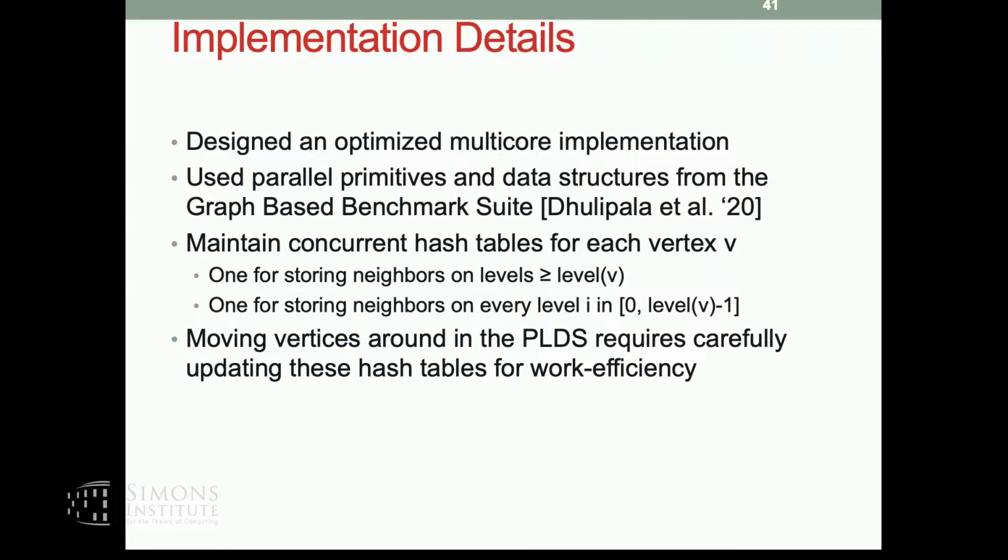Okay, so, oh yes, question. I'm not sure if you're aware of this, but this data structure by Henzinger and others, there is a distributed algorithm, actually from, I don't know, 15 years ago, by Barenboim and Elkin.